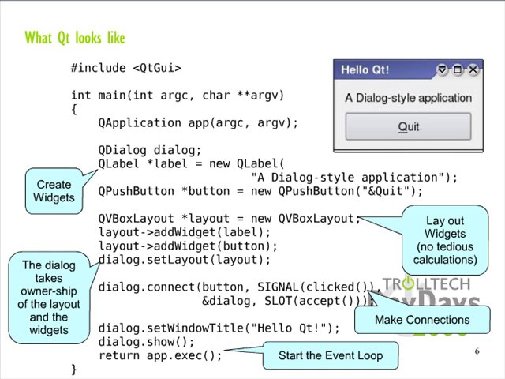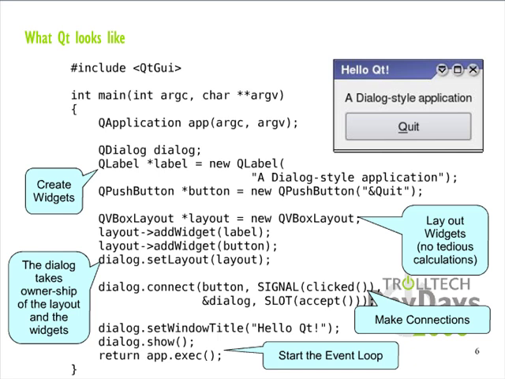Do we care if they tabbed and pressed spacebar, if they pressed Alt-Q? Do we care if they clicked with the mouse? And if they did, where exactly on the button? 99.9% of the time, we don't care about those details. If you want them, Qt will give them to you, no problem. But what Qt has is a mechanism that we'll discuss shortly, which says, I'll throw away the irrelevant detail and just give you the stuff you want to know.